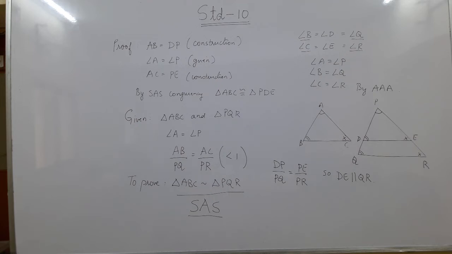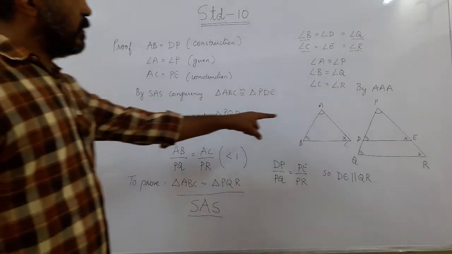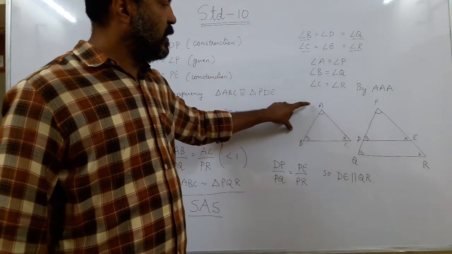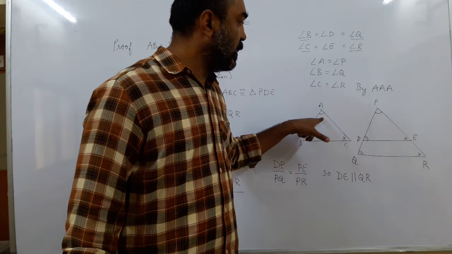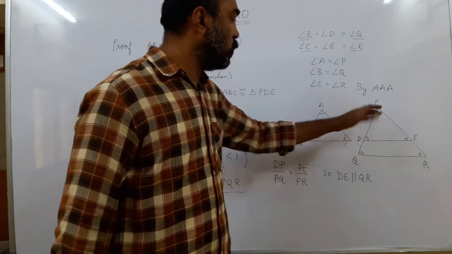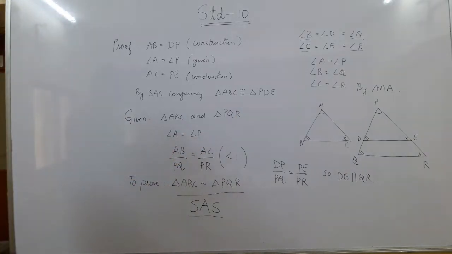So what is the SAS? SAS is, if one angle of one triangle is equal to one angle of another triangle and the sides that include the angle are in the same ratio, then the two triangles are similar.